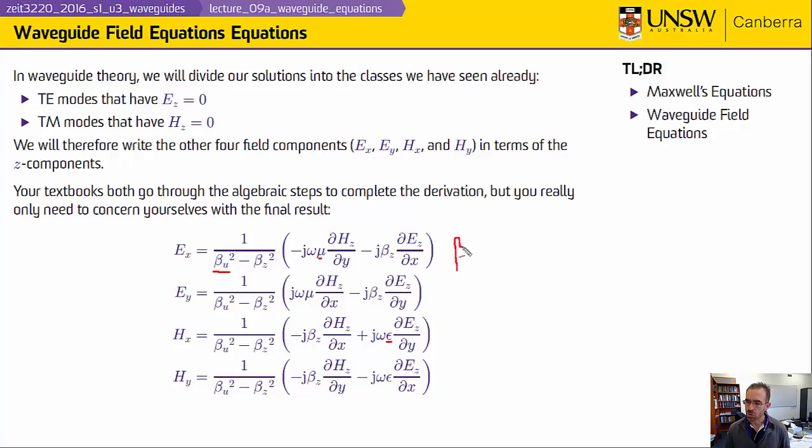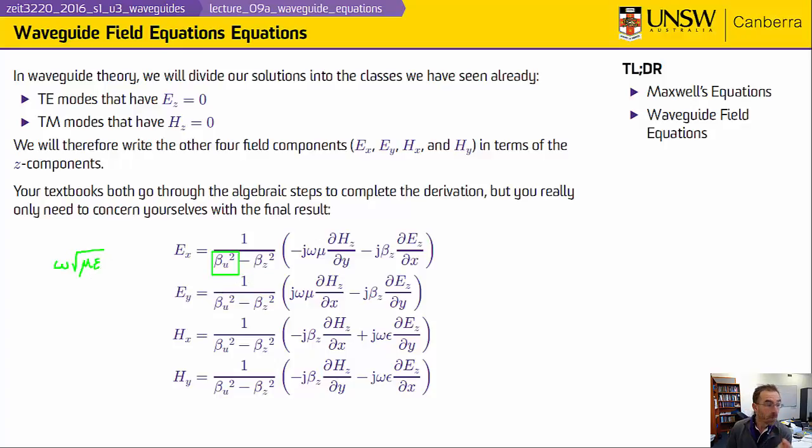So beta sub u is going to equal omega square root of mu epsilon.